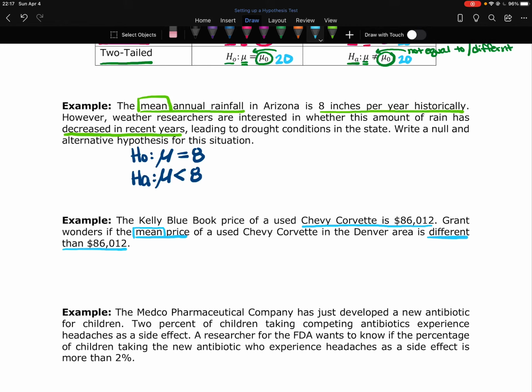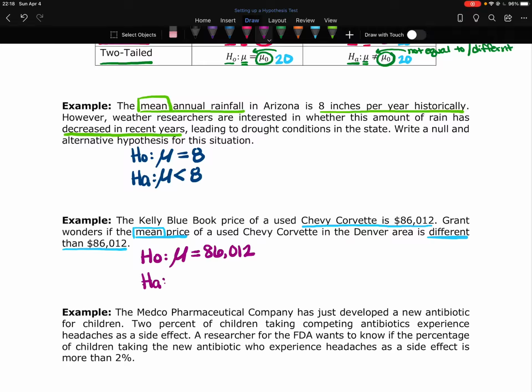And then Grant wants to know, is the price actually different from that? So the null hypothesis would be mu because it's a mean. We're always going to assume that it's equal to, and then $86,012 because that's what Kelley Blue Book is telling us the price should be.